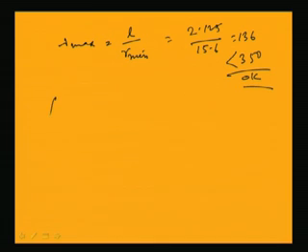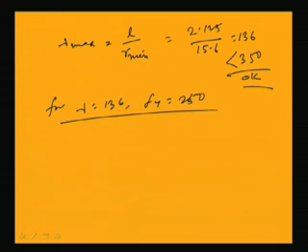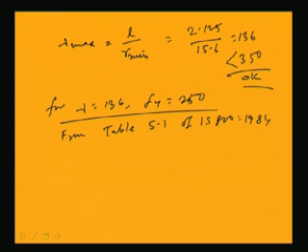Right. Now, for lambda equal to 136 and Fy equal to 250, from Table 5.1 of IS 800 1984, we can find that sigma AC will become 53.5 MPa.